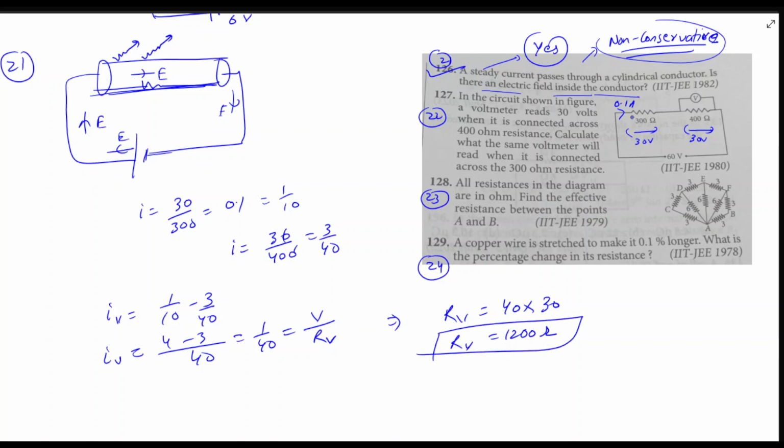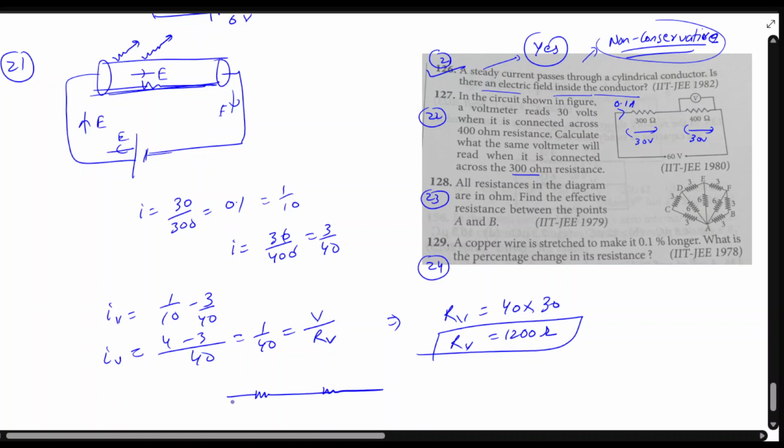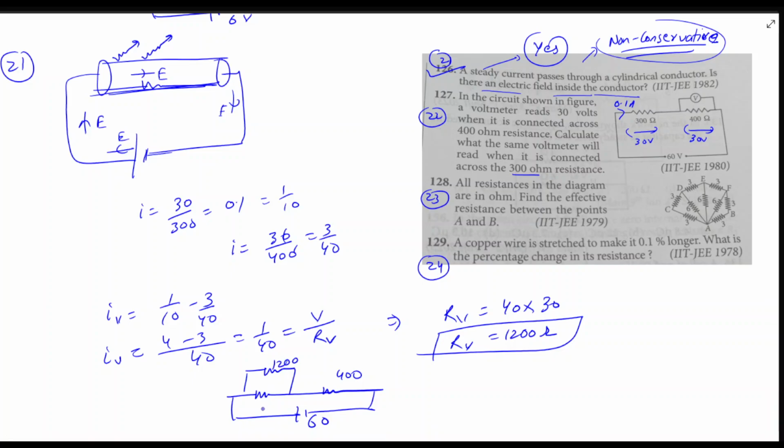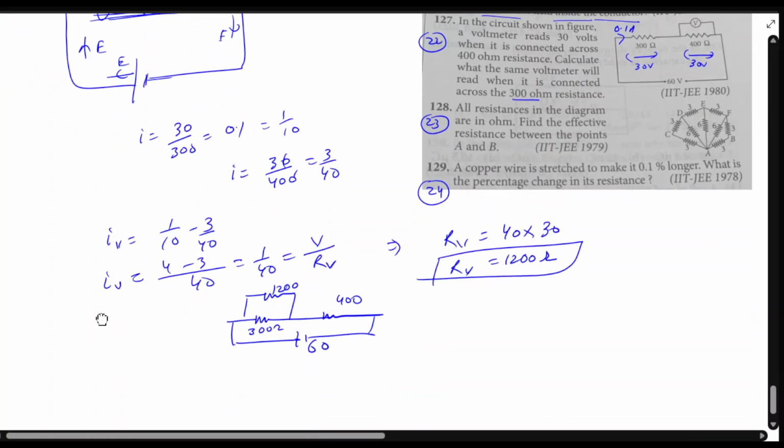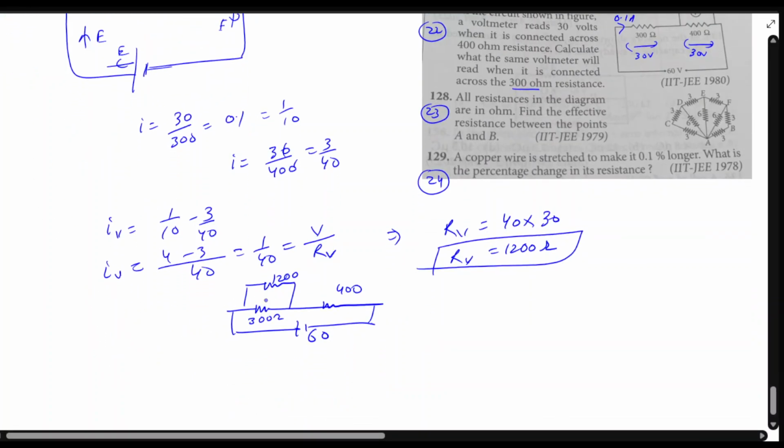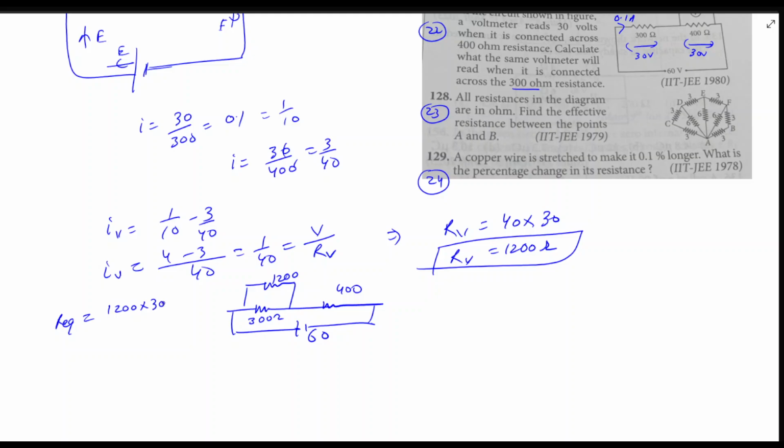So if you get the resistance of the voltmeter, you can find the potential drop if it is connected with 300. So how will it be? So this will be our new circuit. So this is 60, this is 400, this is our resistance of 1200. Actually, this is the voltmeter, right? And this is 300 ohm. So if you find R equivalent here, R equivalent will be 1200 into 300 divided by 1500, right?